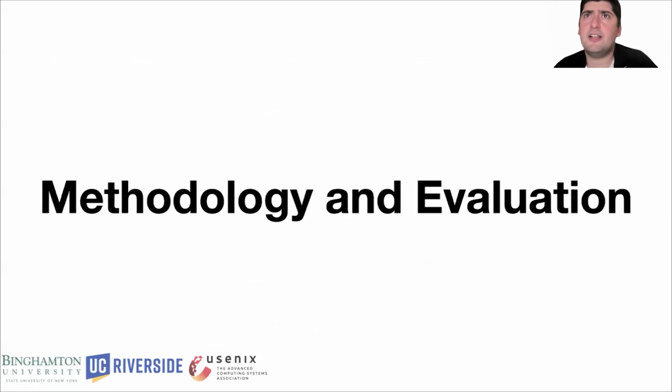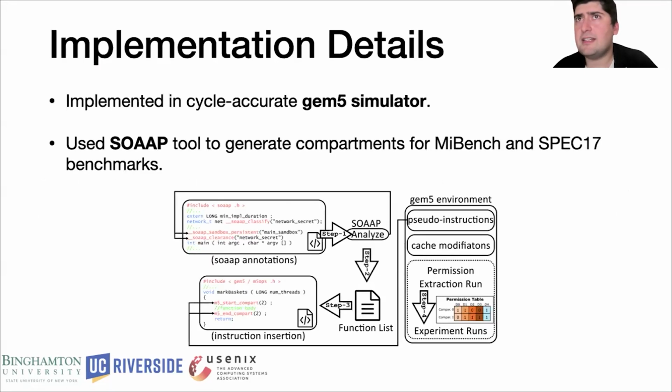We now turn our attention to the methodology and the evaluation. We implement SCC in a cycle-accurate Gem5 simulator. To generate compartments, we used the SOAP compartmentalization tool on MiBench and SPEC 17 benchmarks. To generate domains, we performed a permission table generation run, which is followed by experiment runs used to obtain the actual performance numbers.